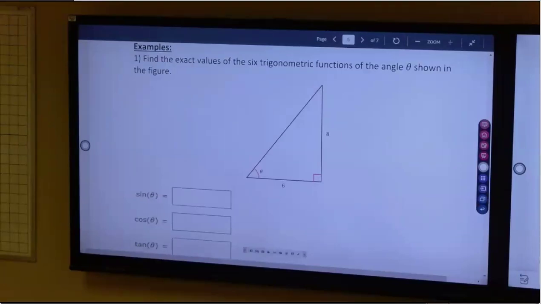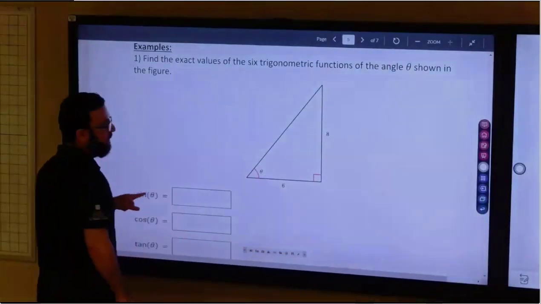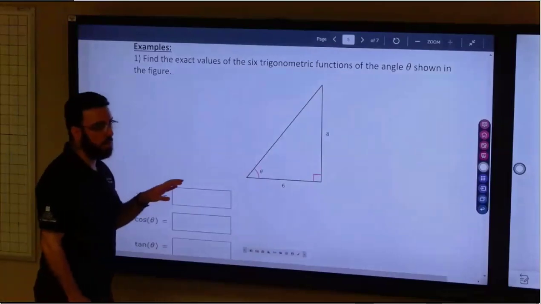That means it's going to be 8/10. So here is the triangle. Now I need to find the sine.